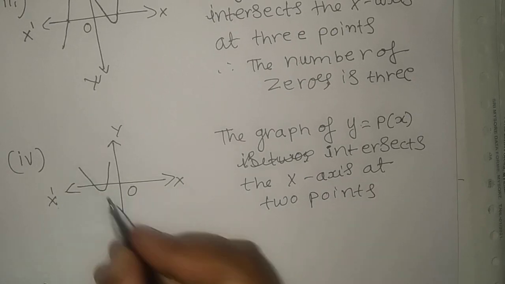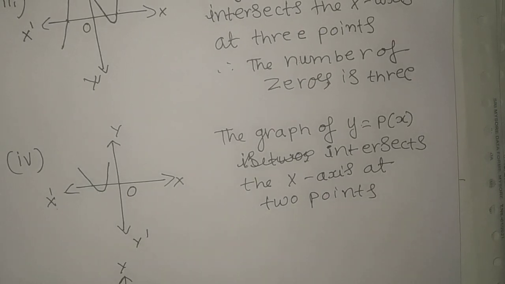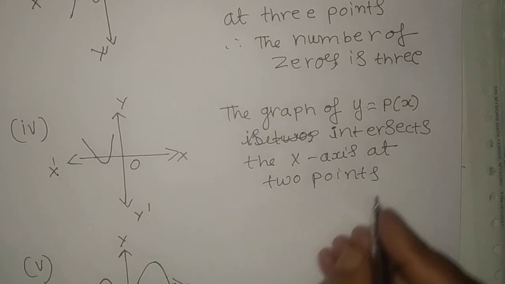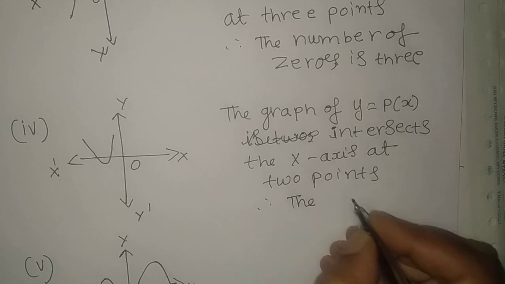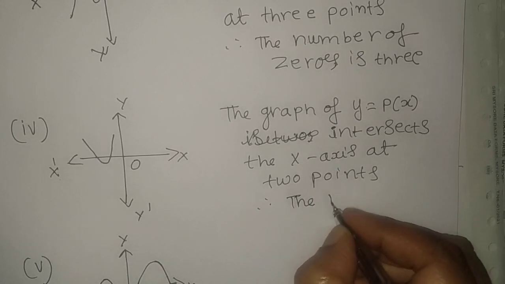This is called a parabola. Therefore, the number of zeros is 2.